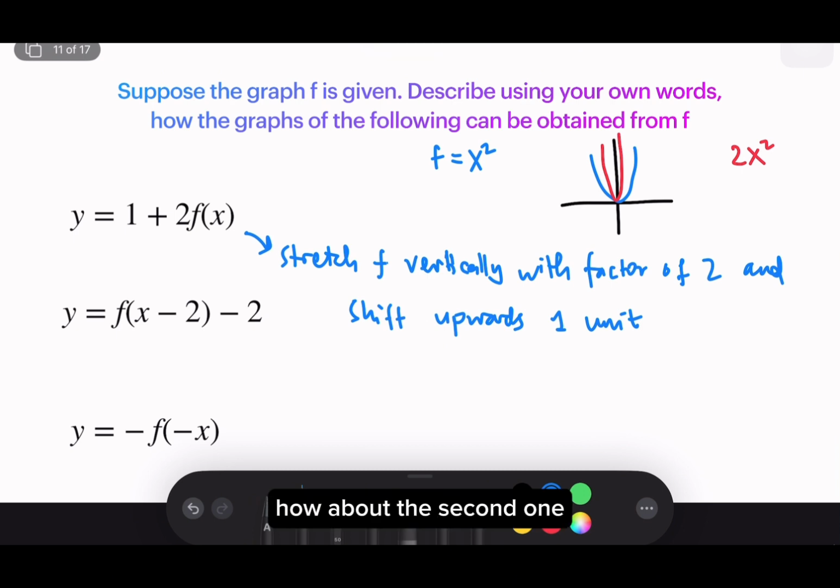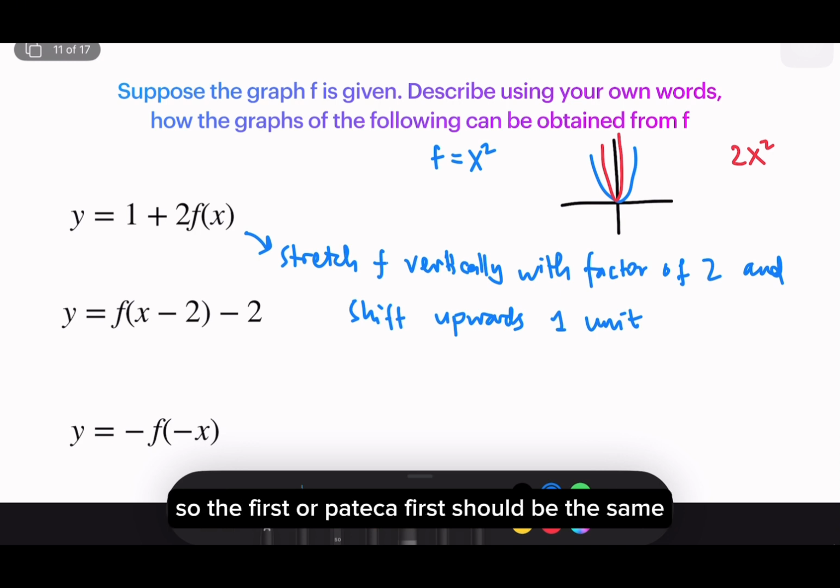How about the second one? How should you shift? Either way, whether you shift horizontally first or vertically first, it should be the same.